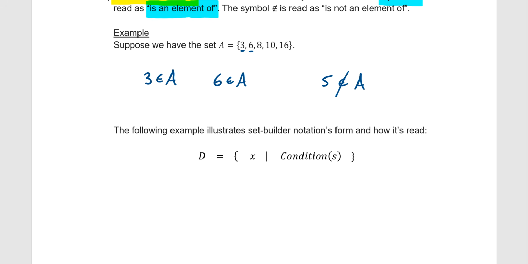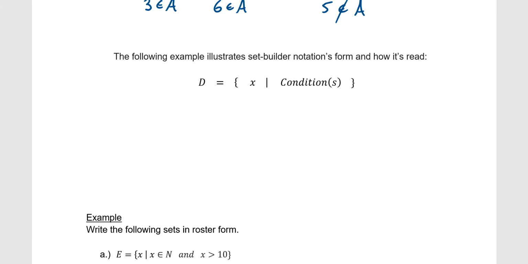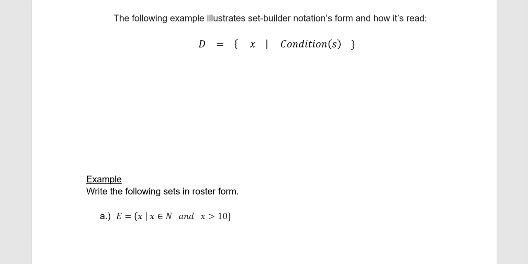Okay, so let's see how set builder notation is set up here. So we're going to be using the braces again, the squiggly brackets here. I'm going to read it just like we normally would from left to right. It's going to be set D. The equal sign is read as "is."